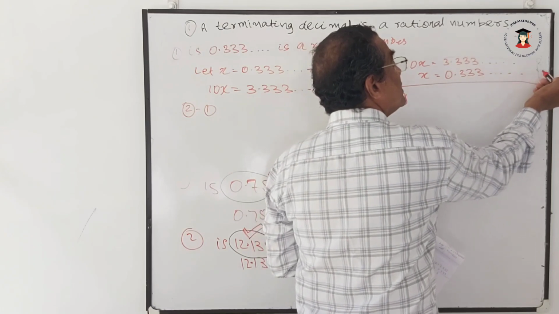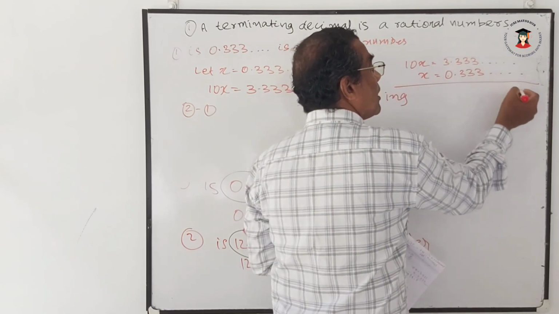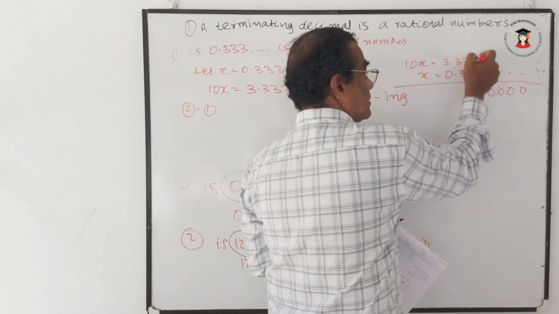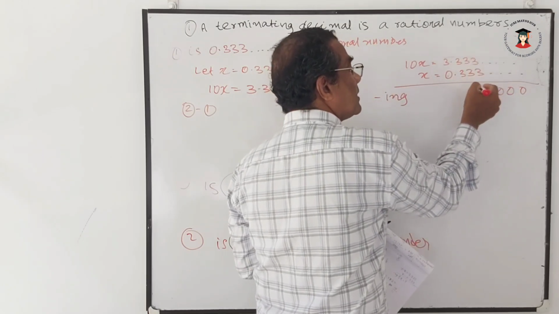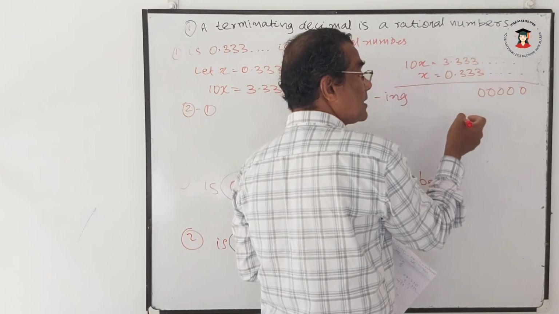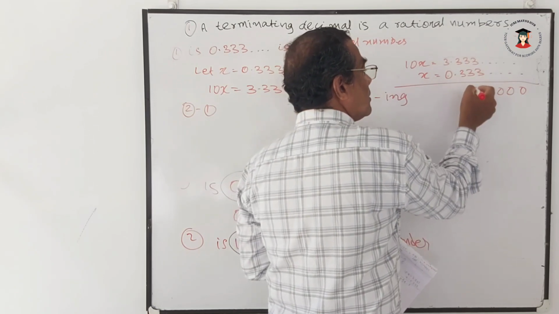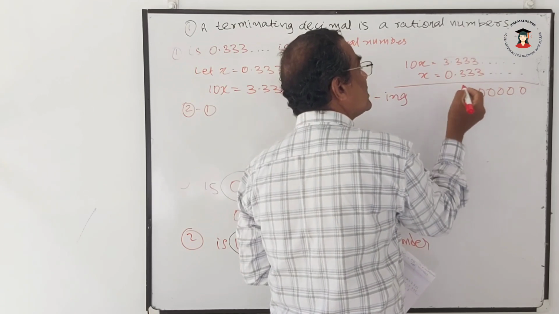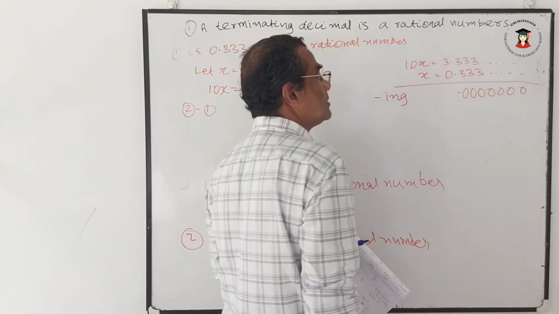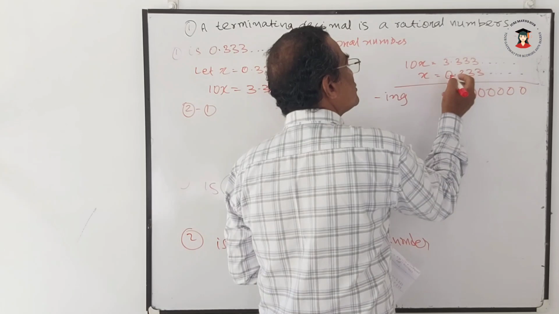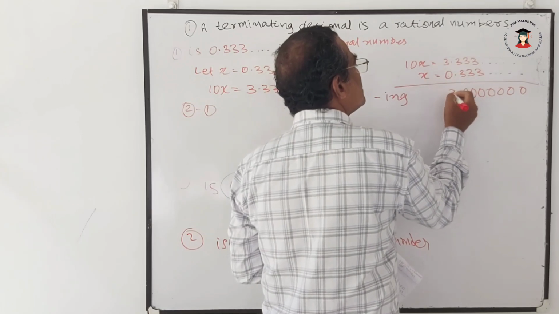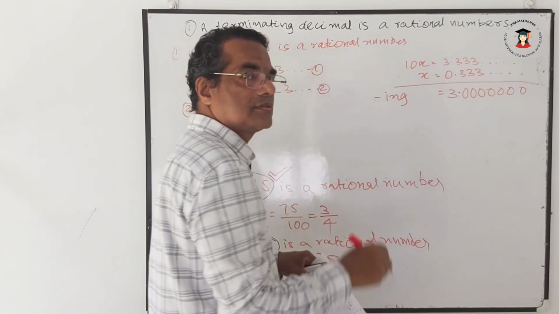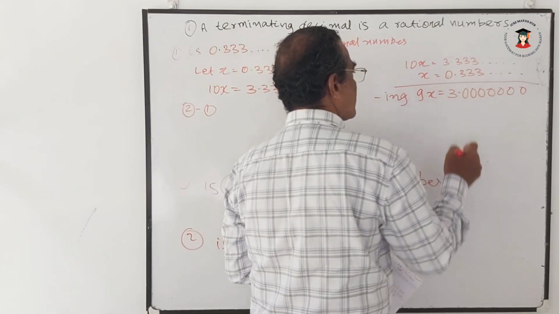See, all these dots are 3 only. So I will get 0 only. On top it is 3, at the bottom it is again 3. So up to the decimal, I will get zeros only. And here 3 minus 0 is 3, equal to 10x minus x, 9x.